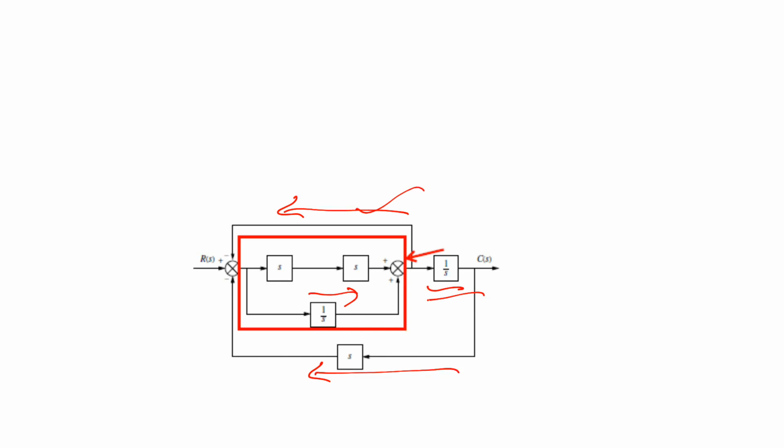Sorry, this is also included in the feedback form. So in this way you have to do it at your own end, and the transfer function for this is T(s) equals s cube plus 1 and 2s to the fourth plus s square plus 2s.